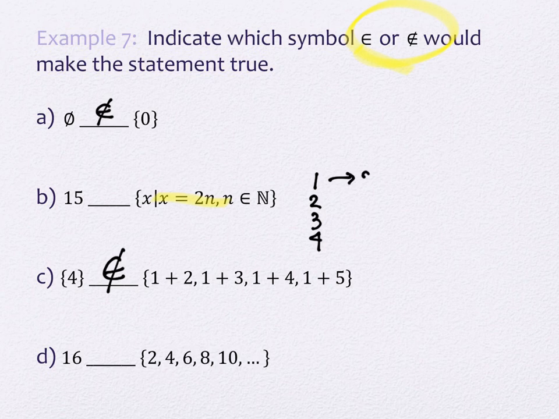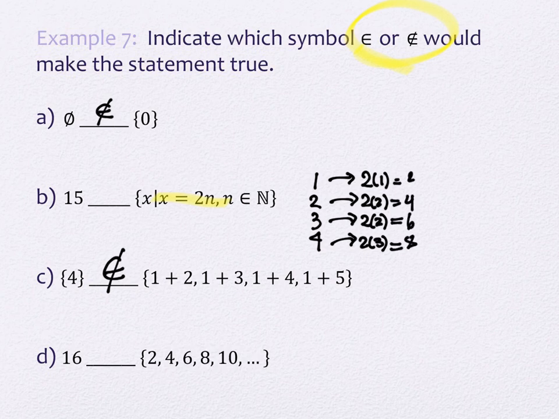And I multiply each of those by 2. I get 2, 4, 6, 8. They are natural numbers, but a better description is that they're even, correct? Okay, so this set over here is a way of describing even numbers.